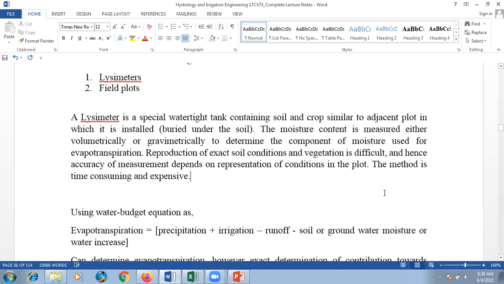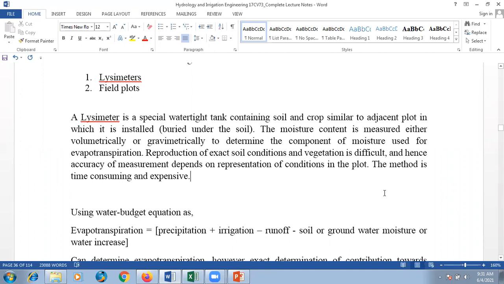And not only that, the lysimeter method is a time-consuming and expensive procedure. Say for many days, many seasons, with an attender, with all these lysimeters for different regions, spatially distributed. So all these things would involve a lot of labor, time, and expenditure too.